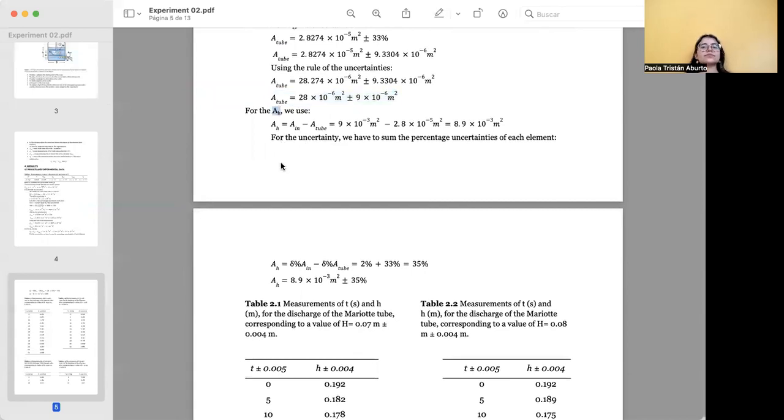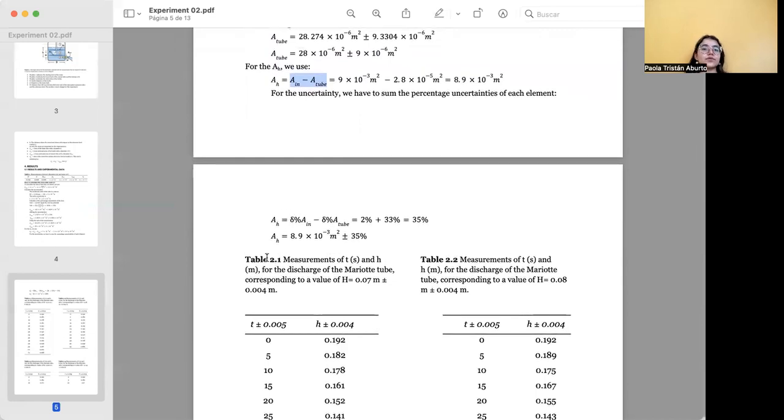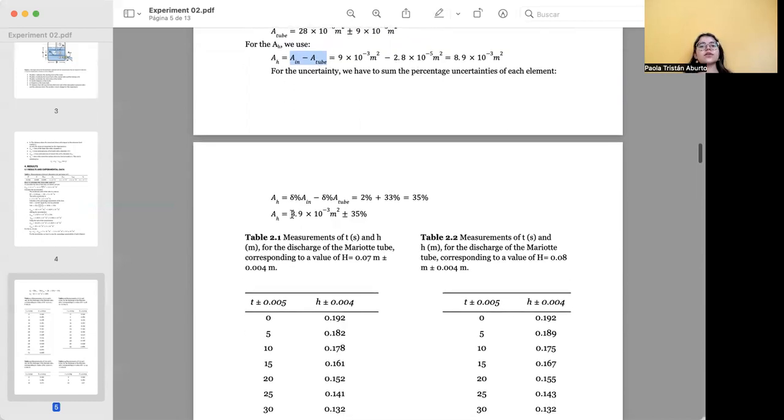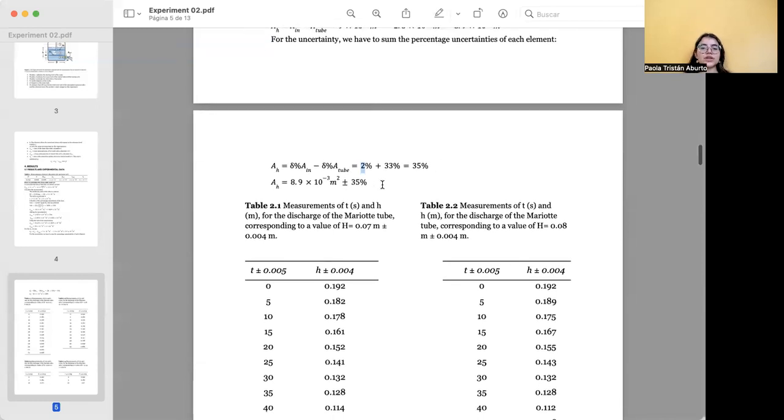The area H we obtain by using this formula, the area in minus the area of the tube, and to obtain its uncertainty, we have to sum the percentage uncertainty of each element that we are considering. So we have 2% plus 33%, which is equal to 35%.